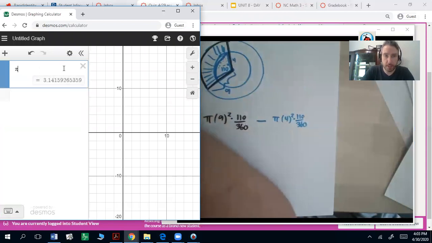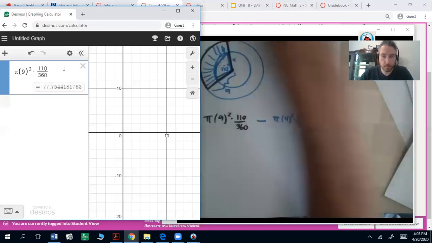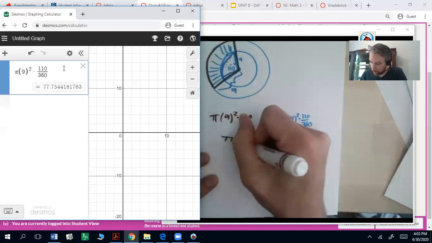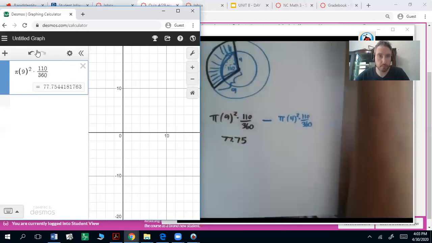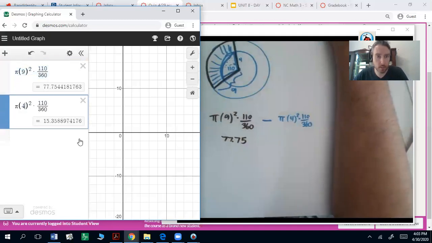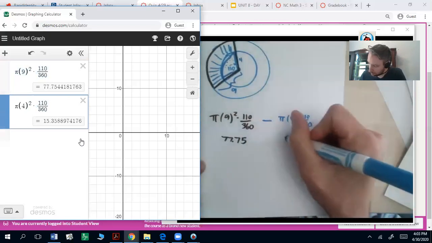This one you want to actually type pi in because you have to round it. So that's going to give you about 77.75. The other one's going to give you about 15.36.